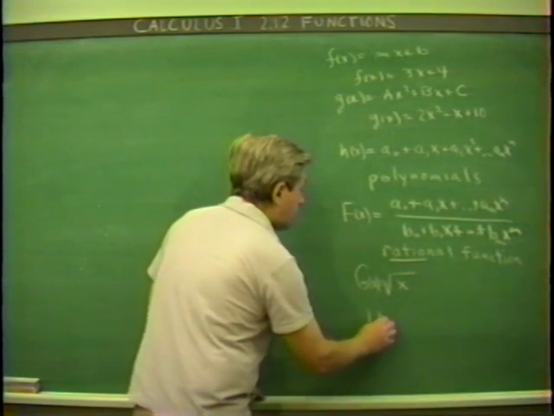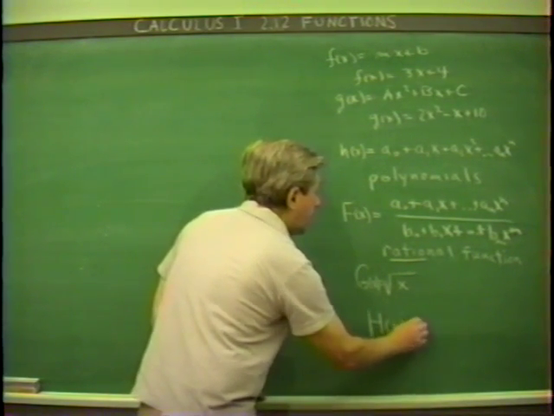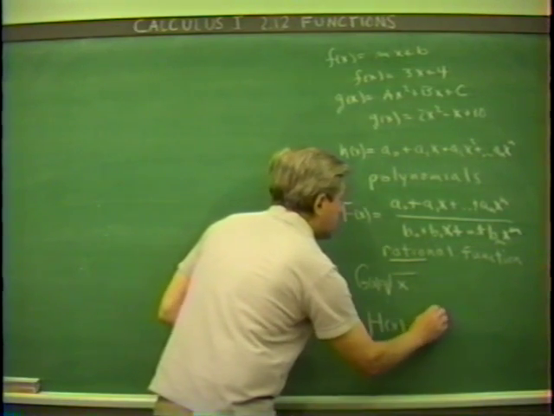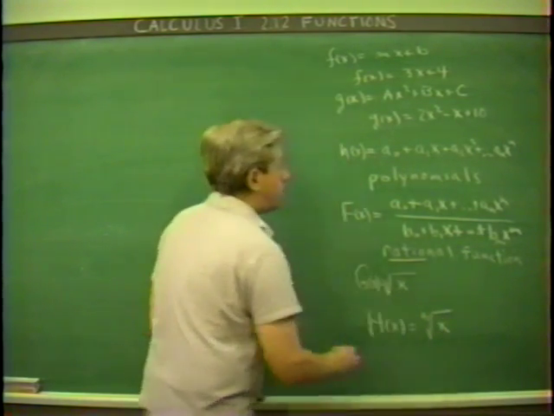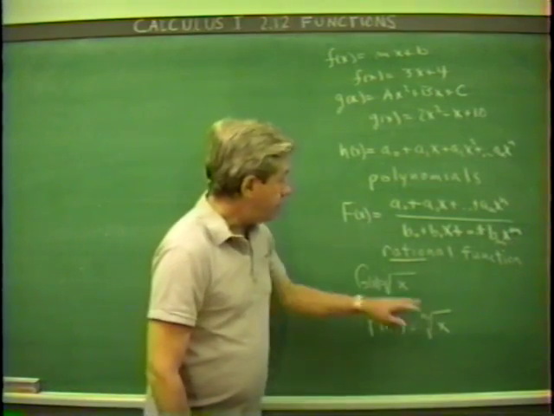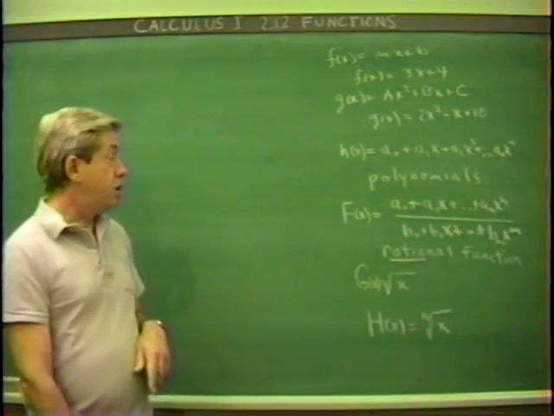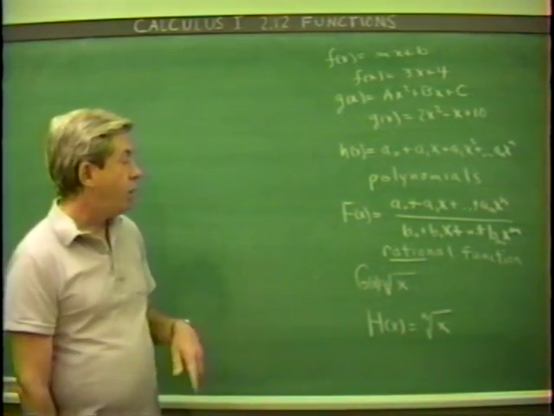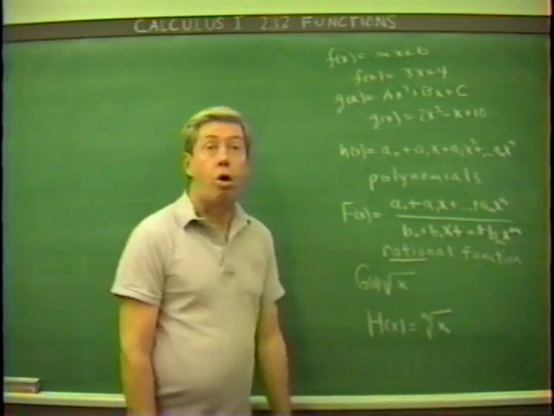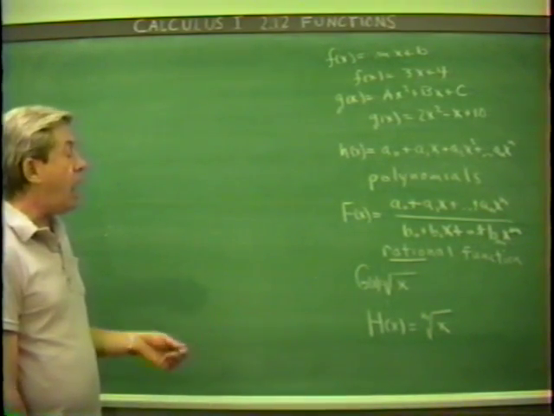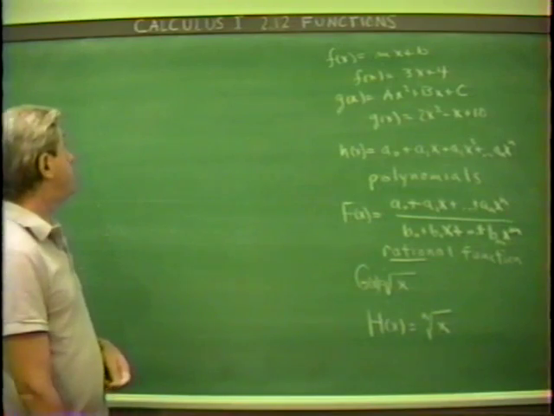Or in general, h of x equals the nth root of x is a function. When the root is even, the domain of the function is going to be the numbers from 0 to infinity. When it's odd, it's going to be defined for all real numbers. It's possible to take an odd root of any real number.